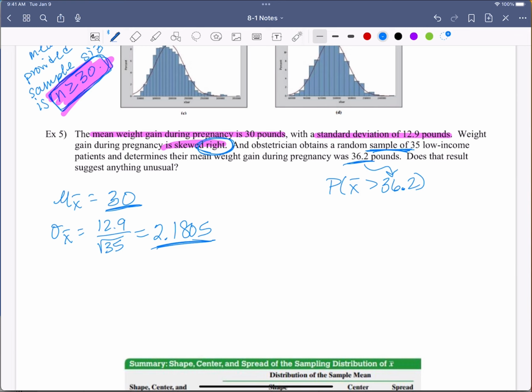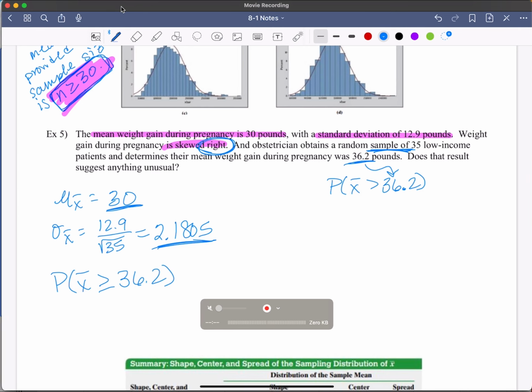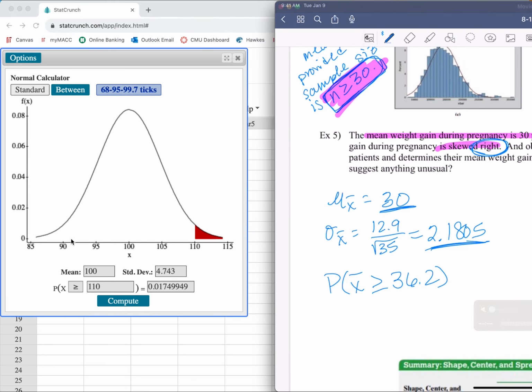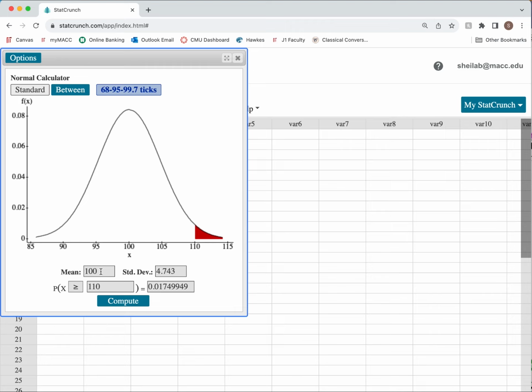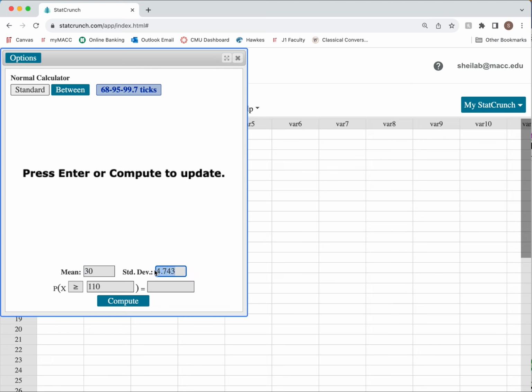So now we have a mean, we have a standard deviation, and what we're trying to figure out is the probability, because it's to the right, of 36.2. And we have StatCrunch to do that for us. All right, so we have our mean. I'm just going to type over this one. You know how to get there. We've done it so much. A mean of 30, a standard deviation of 2.1805, and it's to the right, so it's greater than, 36.2.